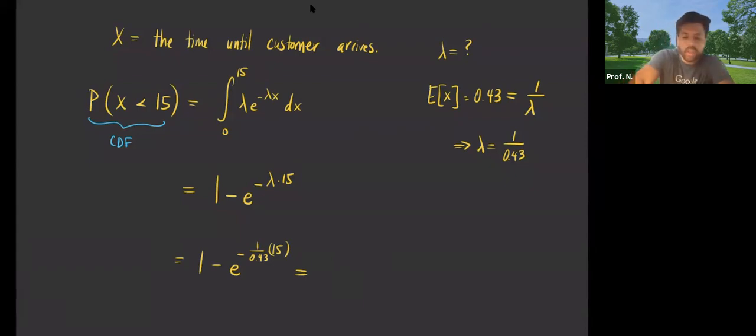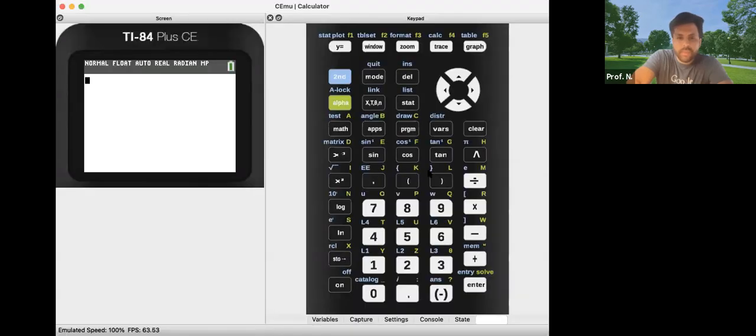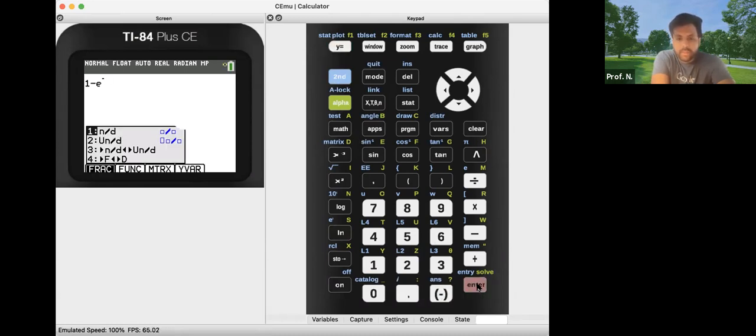Does anybody get it? I don't think your calculator, at least not the TI-84, has the exponentially distributed random variable stuff. So we have to do 1 minus e to the negative, and I'm going to put the fraction 1 over 0.43 times 15.